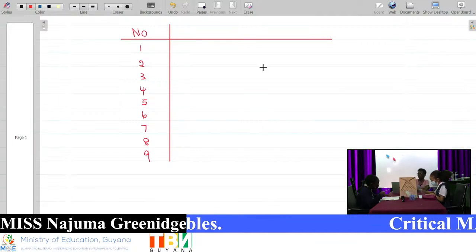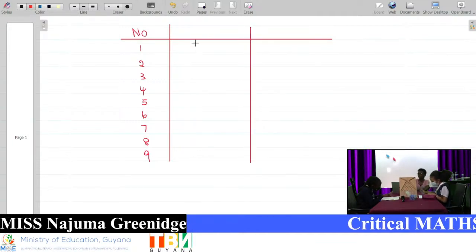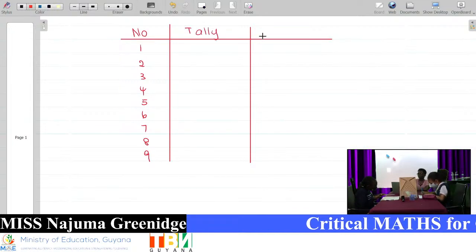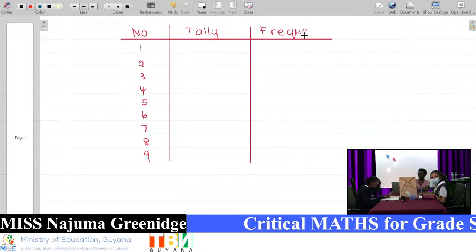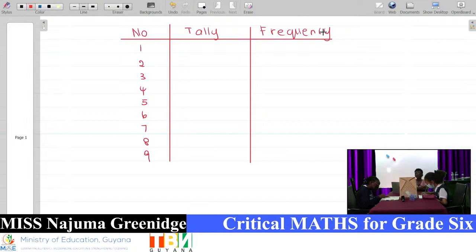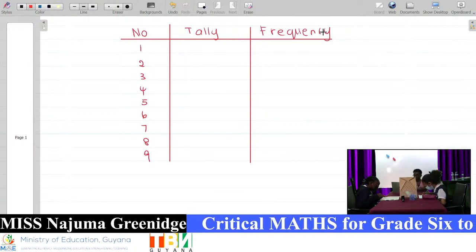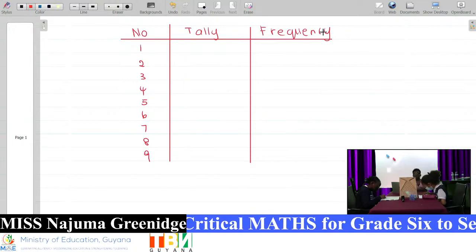And here you're going to have tally. And here the term we're going to use is frequency. How many times a marble lands on the number.